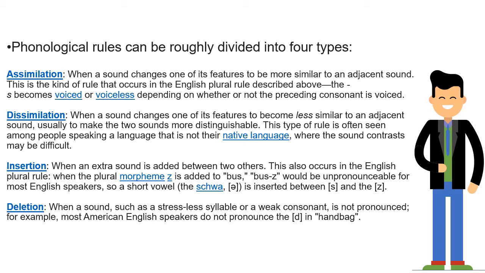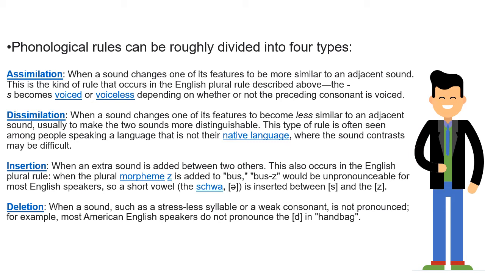The third one, insertion. When an extra sound is added between two others, this also occurs in the English plural rule. When the plural morpheme z is added to bus, the result will be unpronounceable for most English speakers. So a short vowel, the schwa, is inserted between s and the z.